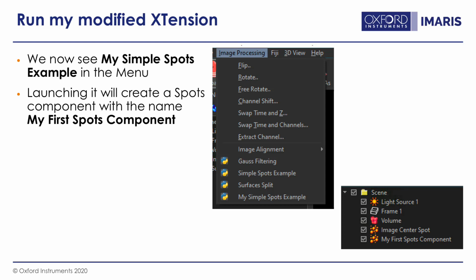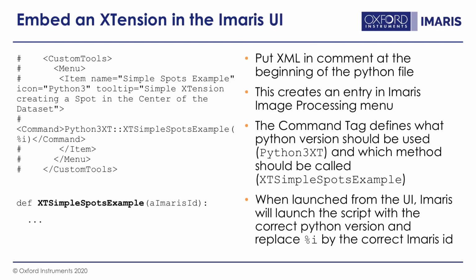Let me quickly explain how embedding extensions in the Imaris UI works. Apart from the code that you have in your extension, there should be a comment section at the beginning with XML content. And this should look like this.